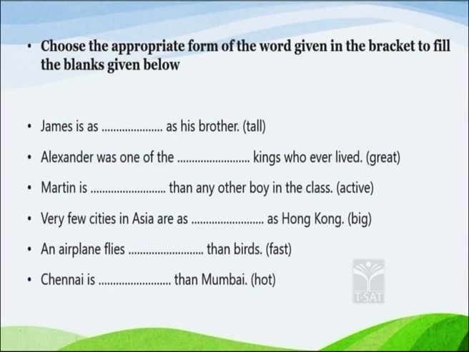Very few cities in Asia are as dash as Hong Kong. So, here the adjective word given in the bracket is big. An airplane flies dash than birds. The word given here is fast.